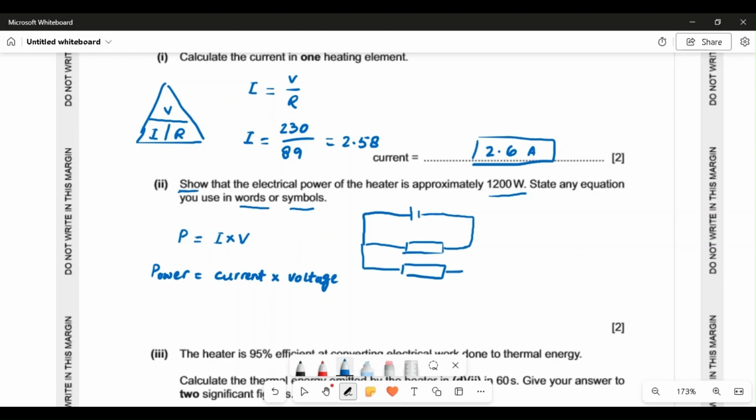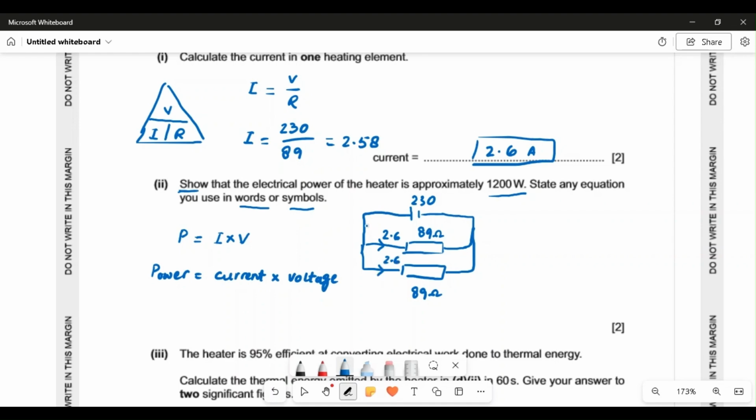So what is happening here? We need to remember that this 230 volt is applied across each 89 ohm resistance, and current through one of these is 2.6, and the other one is also 2.6.